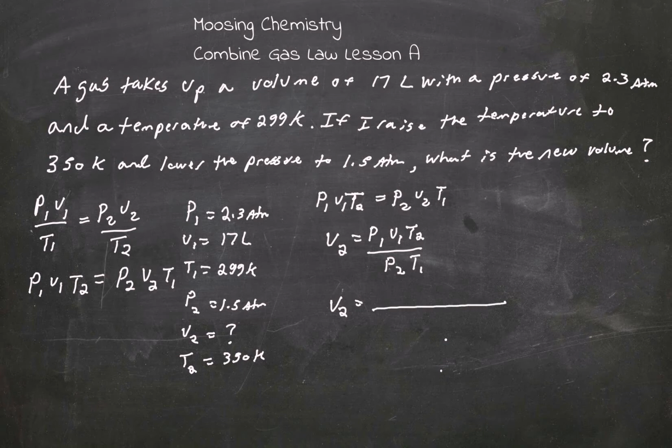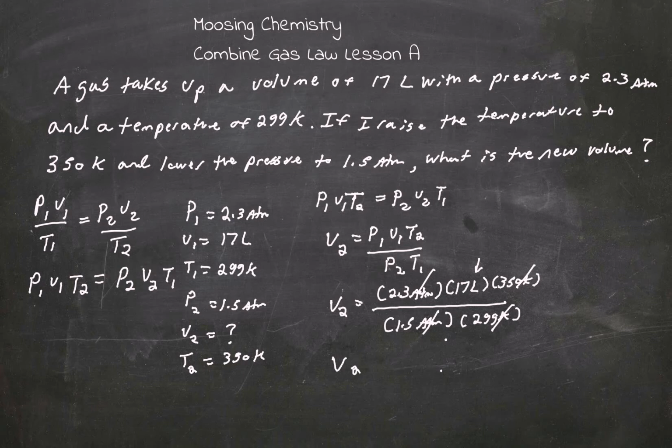So let's set this up here. 2.3 atm times 17 liters times 350 K. And then we're going to put that over 1.5 atm times 299 K. All right, so atmospheres cancel out, K's cancel out, leaving only liters.